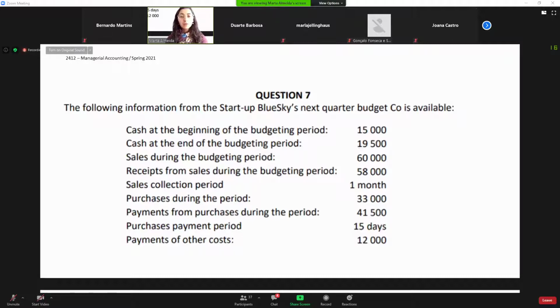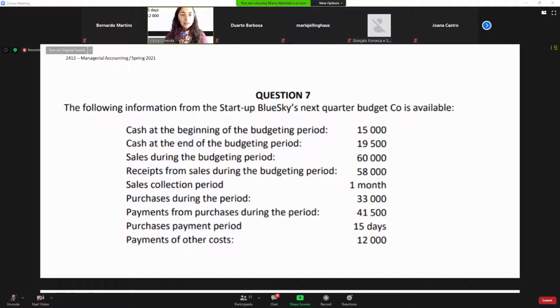We expect to receive 58,000, and there is a sales collection period of 1 month. Now we need to understand these receipts of 58,000. So these receipts of 58,000 during the budgeting period, which is 3 months, should include what? What is there in those 58,000?